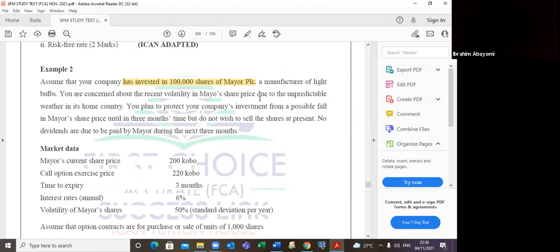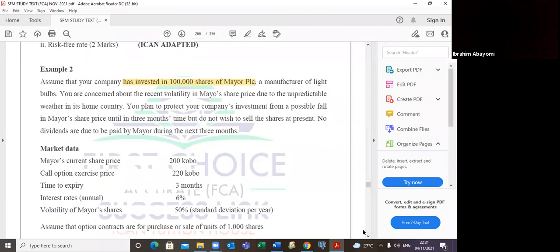Now, the problem is that the fear is the share price will reduce in that 3 months' time. Okay? So they want to protect using a delta neutral hedge.